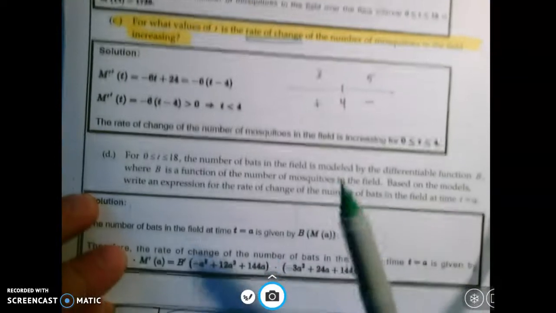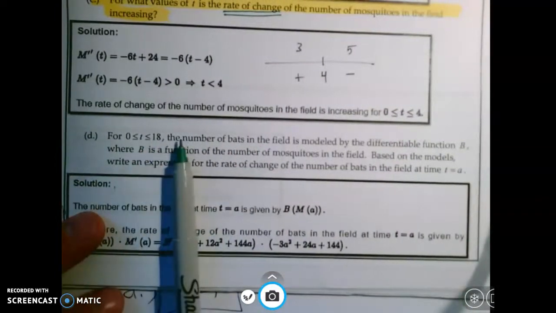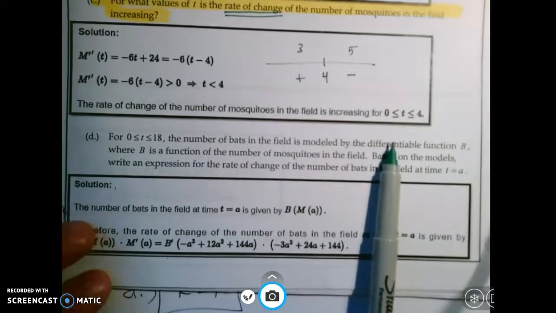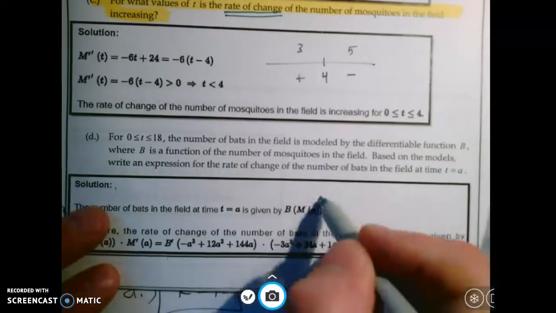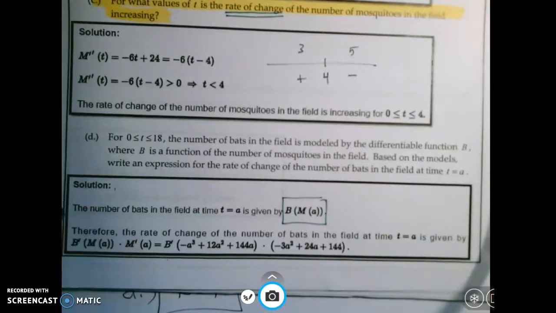And last problem: for t between 0 and 18, the number of bats. We already talked about this part, but what this means is b of m of t. If we're looking for the rate of change, we need to use the chain rule.